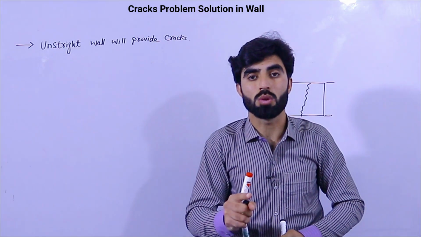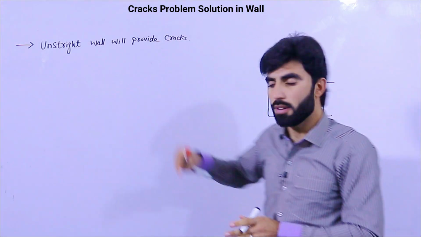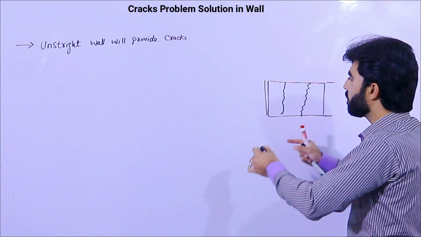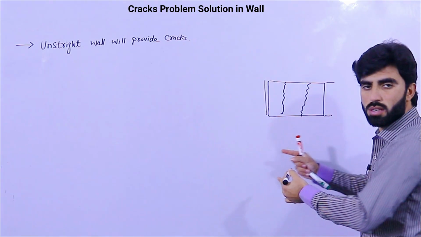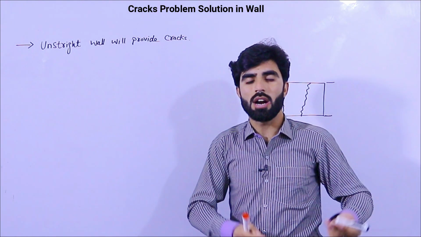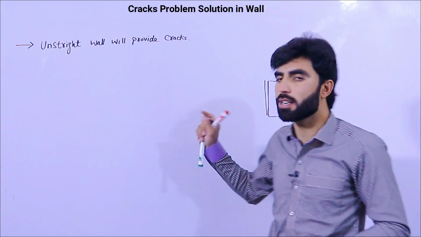So this is the first solution: use the level plumb for wall level, so it should be straight. If you make an unstraight wall, it must provide cracks after 2 months, 3 months, maybe after 1 year, but it will provide cracks.